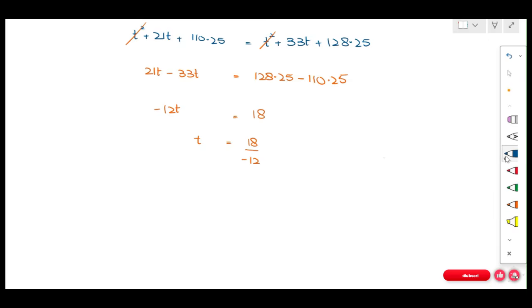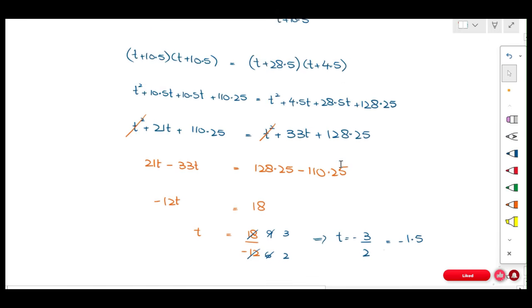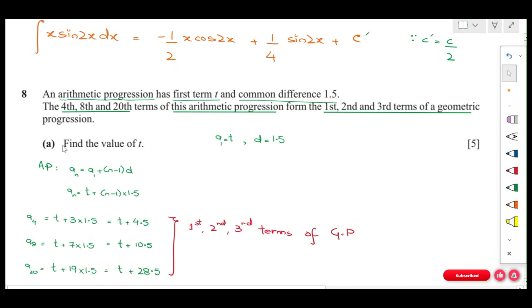When we simplify this, 2 times 6 is 12, 2 times 9 is 18, 3 times 3 is 9, 3 times 2 is 6. So the t value is negative 3 by 2, or negative 1.5. So we are done with the value of t.